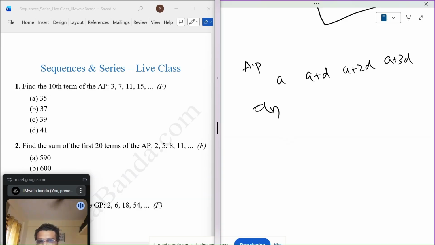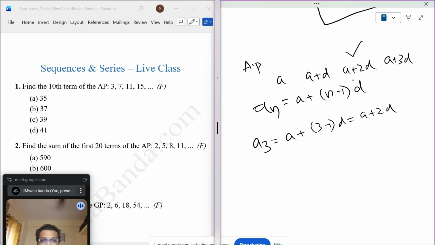We usually write it as an, and an is a plus n minus 1 into d. How? Put any value. Let's see a3. So a3 is a plus 3 minus 1 into d, or a plus 2d. Our third term is a plus 2d. Similarly, find a4: a plus 4 minus 1 into d, which is a plus 3d.